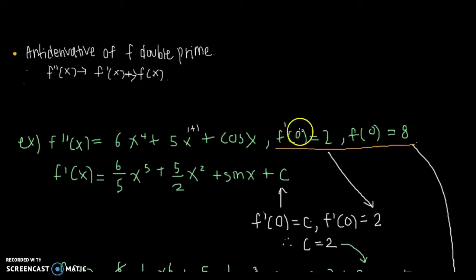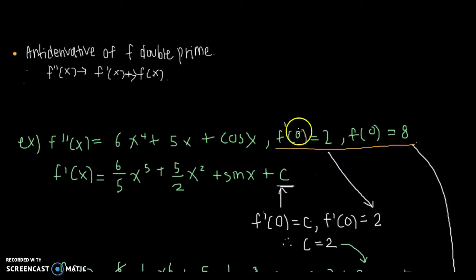And we're given that f prime of 0 equals 2 and f of 0 equals 8. So f prime of x would be 4 plus 1, which is 5, and then constant over n, so it's 6 over 5, and then plus 5 over 2 because the n is 2, and then the antiderivative of cosine x is sine of x, and then plus c.